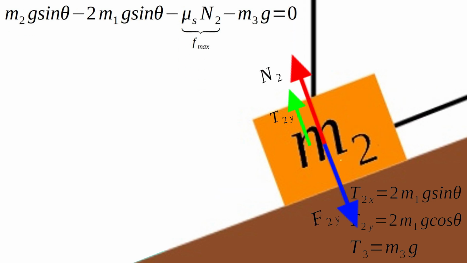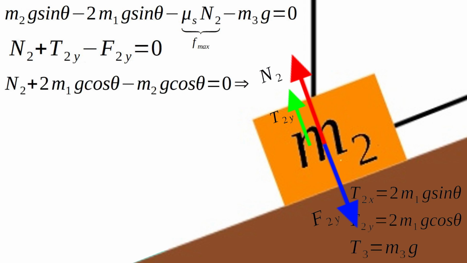All the forces on the y-axis are equal to 0 as well. So we have N2 plus T2y minus F2y equals 0, which is N2 plus 2 times m1 times g times cosine of theta minus m2 times g times cosine of theta equals 0, which is N2 equals m2 times g times cosine of theta minus 2 times m1 times g times cosine of theta.